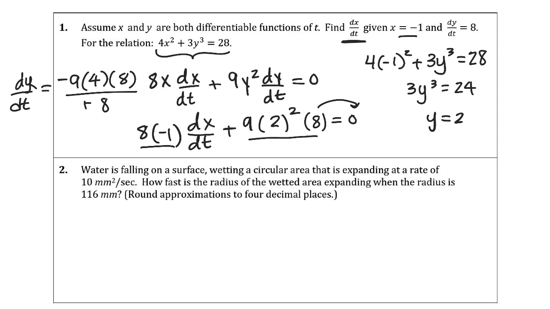And we can go ahead and do our canceling. So notice that our dx/dt is going to be 36. All right, moving on to our next problem.